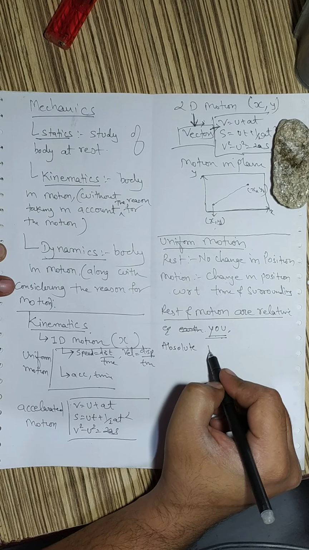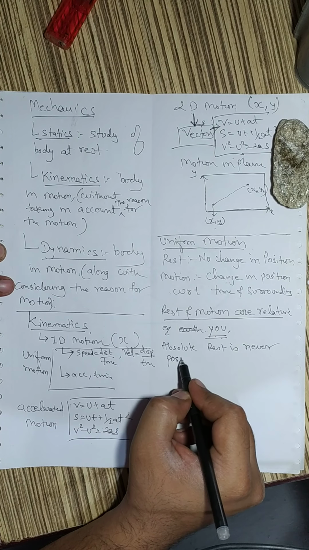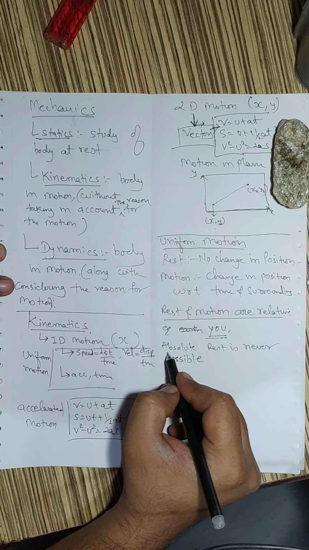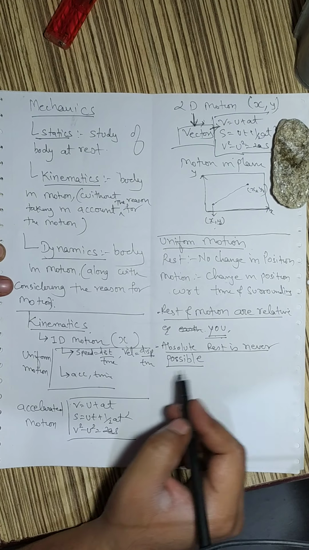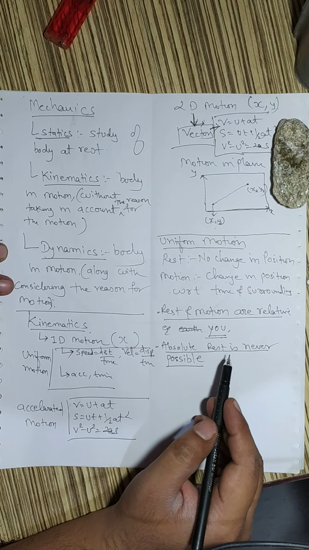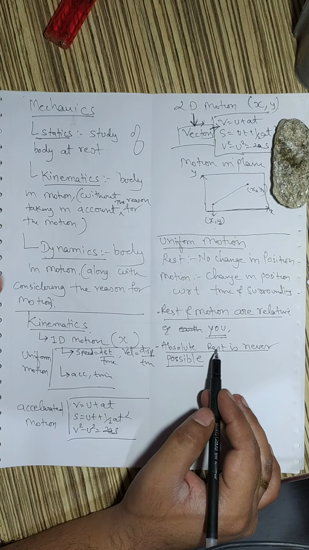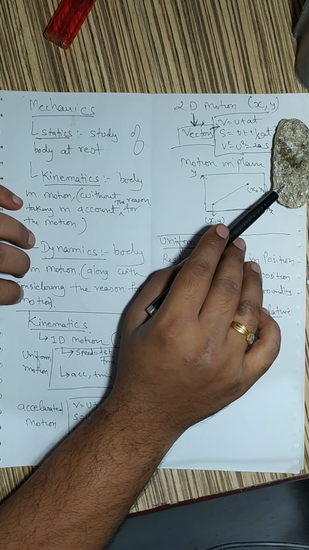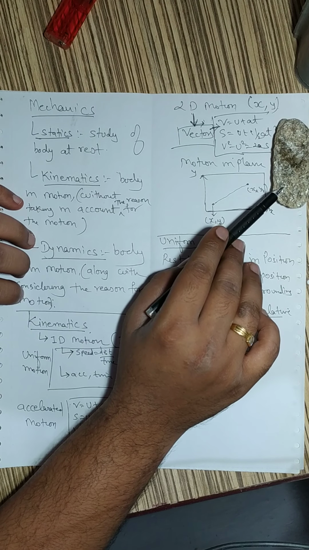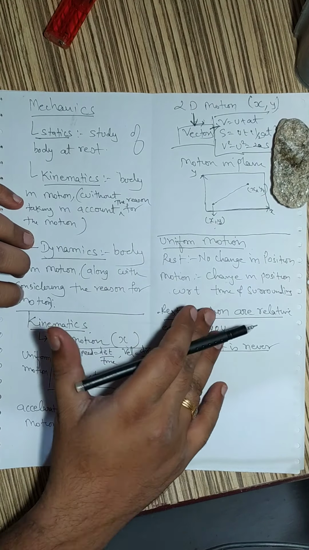Absolute rest is never possible. This is one more important statement regarding rest and motion. This statement states that absolute rest is never possible. That means that you can never say that something is at rest. Let's say if I say that this stone is at rest, it is wrong. The stone is at rest with respect to the surroundings.